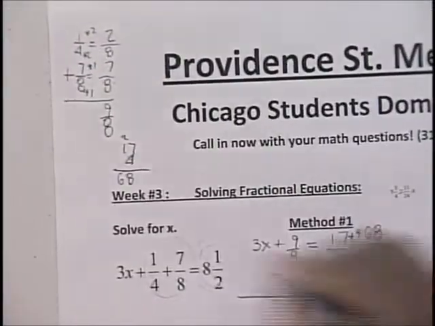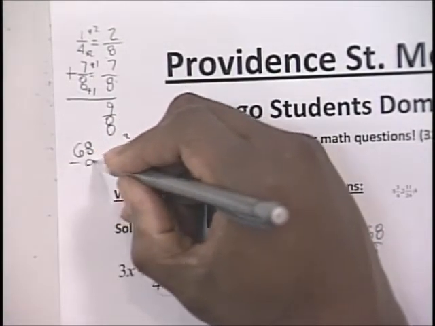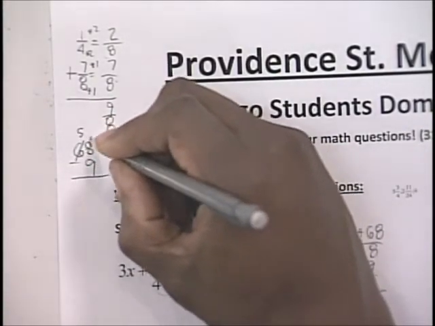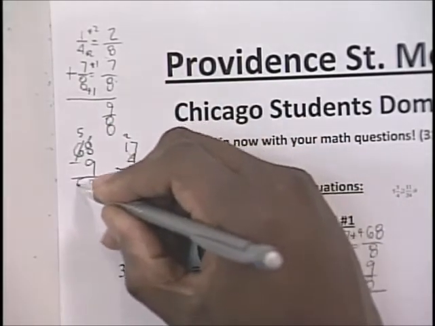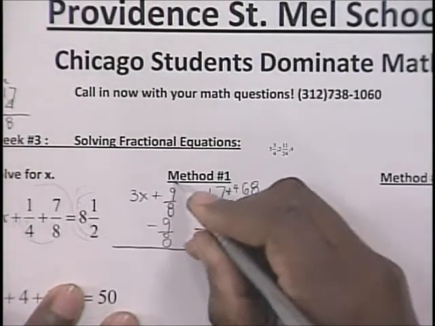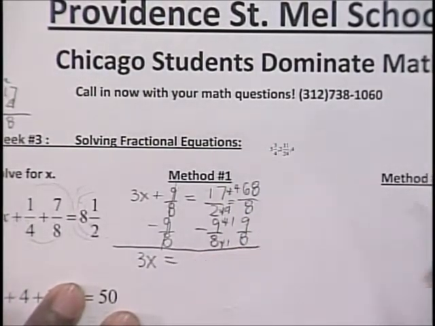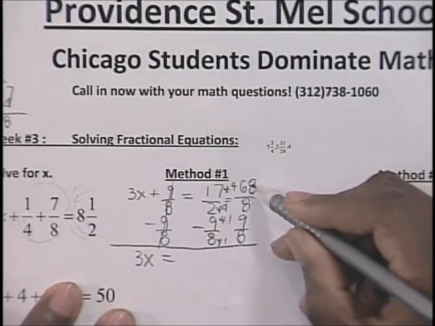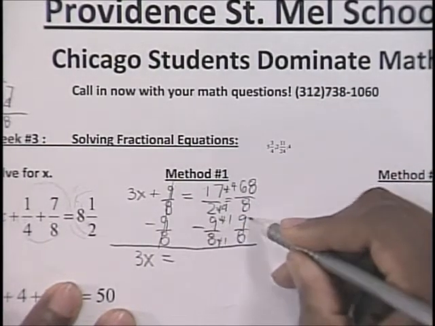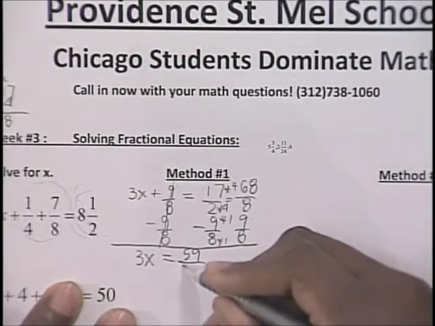Let's show the work. 68 minus 9, you get 59. So what we have is this canceled. We're left with 3x is equal to 68 minus 9, which is 59 over 8.